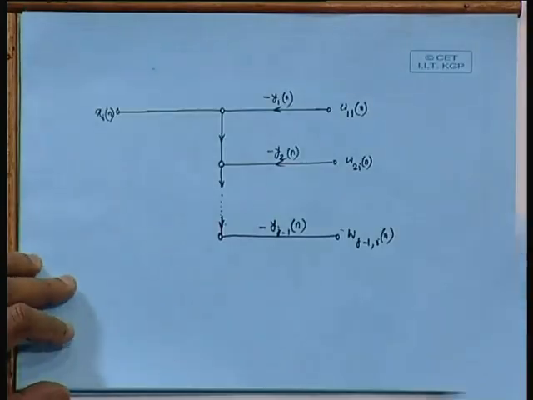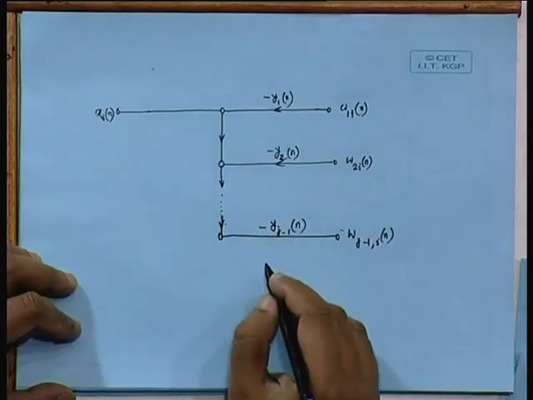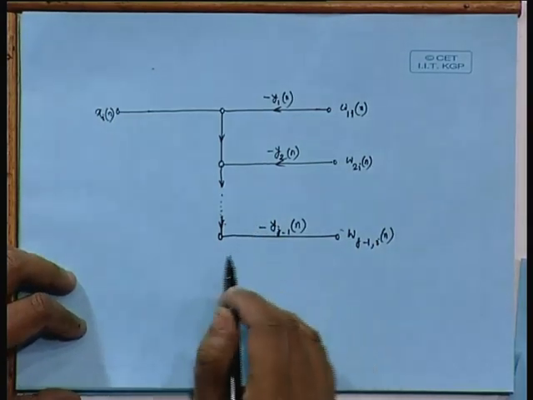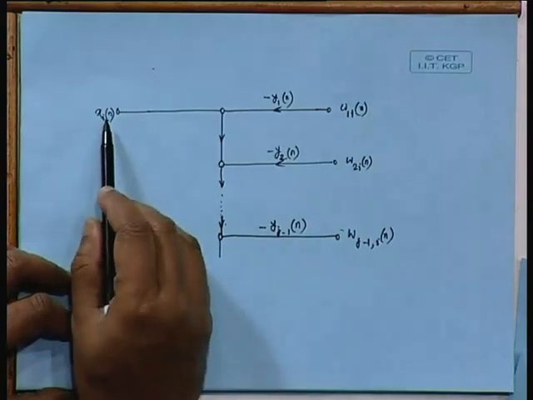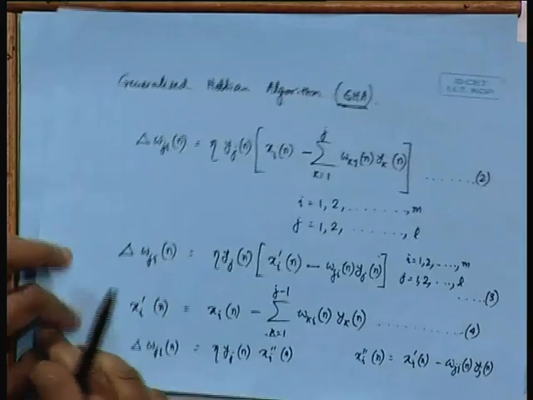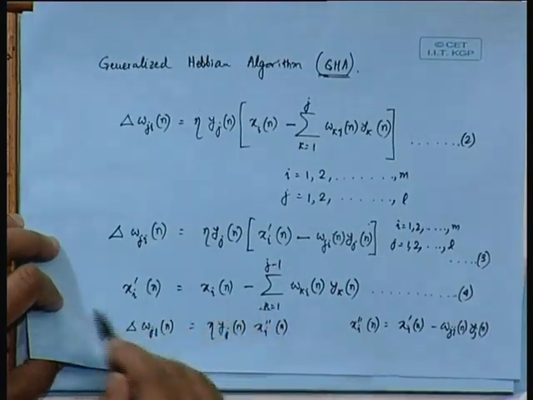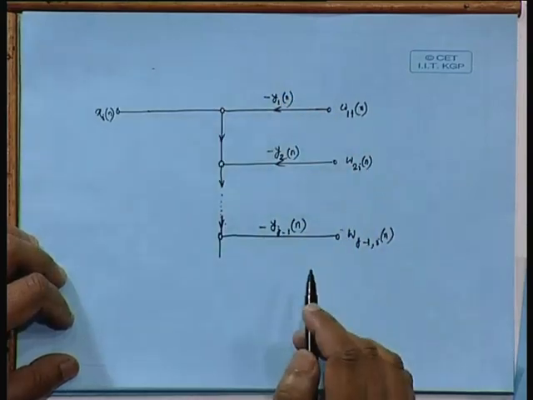So, with respect to equation number 4, all these j minus 1 terms are getting computed, and in effect xi n has already been fed over here. So, we are getting the xi prime n computed out of this signal flow diagram that we have drawn.